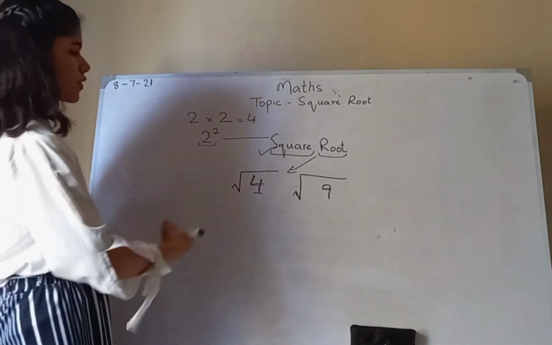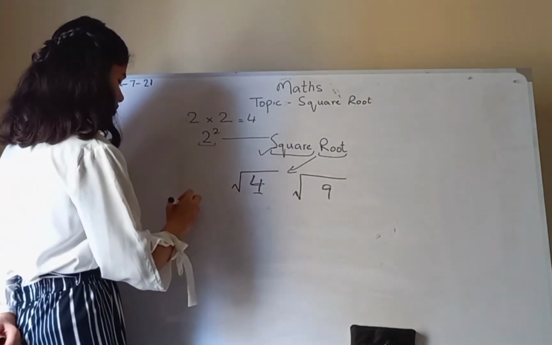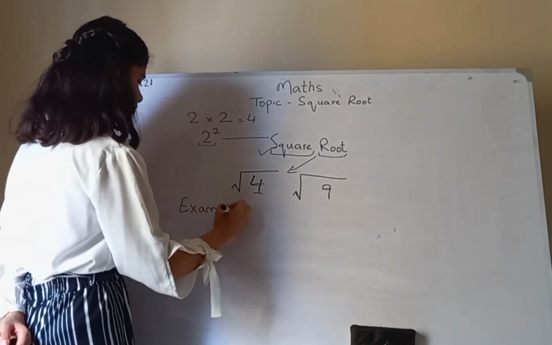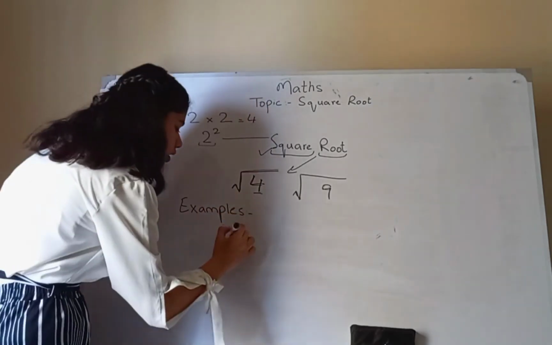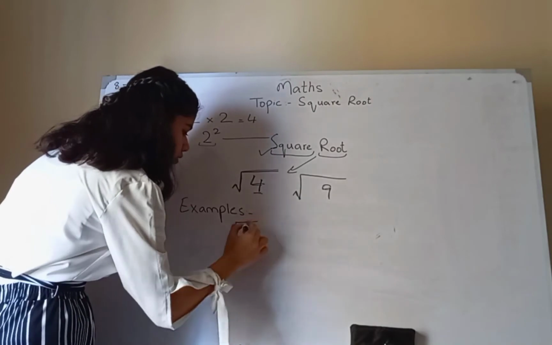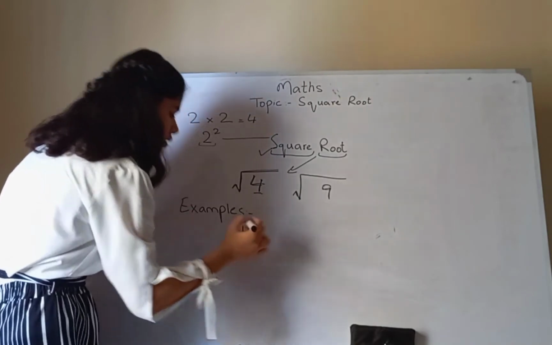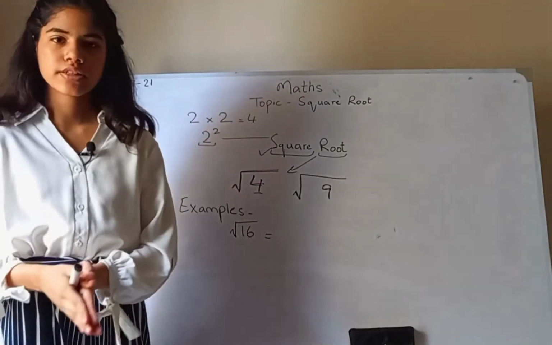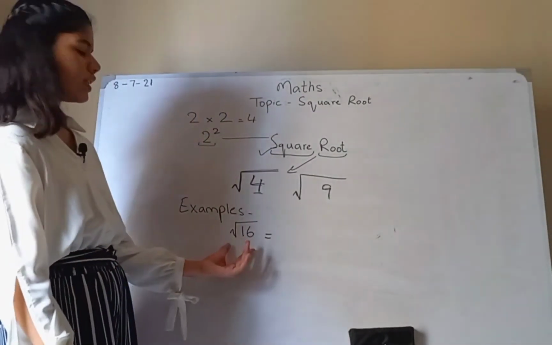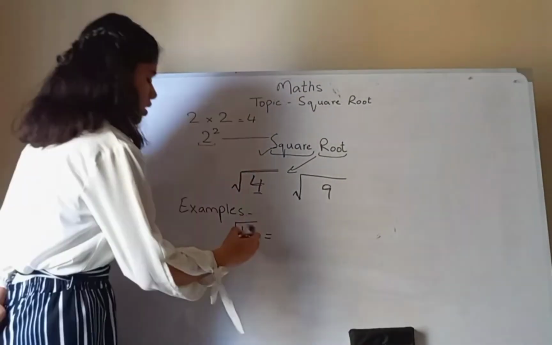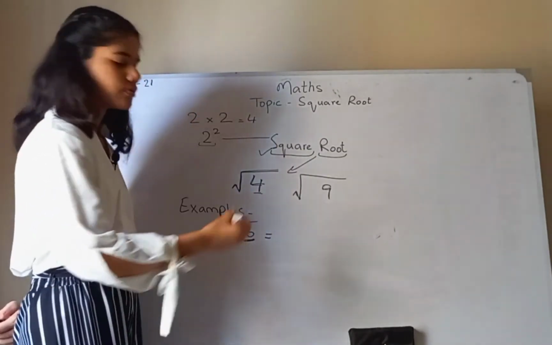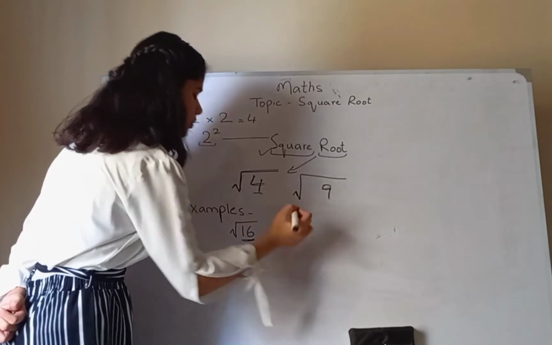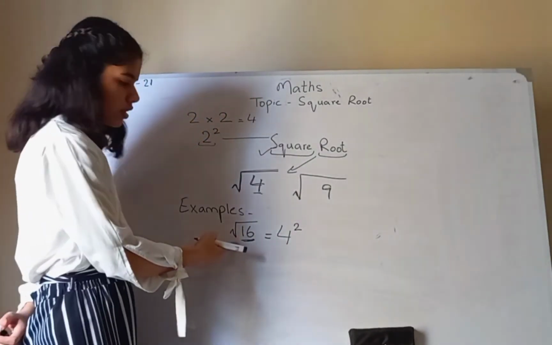Some examples for this are just like 16. First of all, if you remember all the tables, it's easy for you to solve any square root question. So 16 is the square of 4. We can write it as 4 squared.